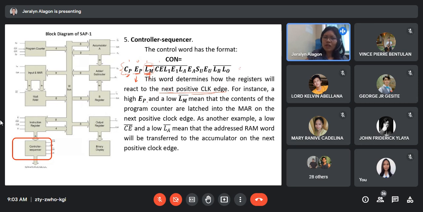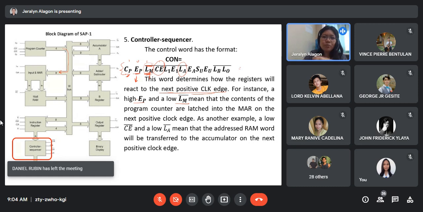Ang address nga gihatag at the next positive clock pulse paingon sa input, MAR latch niya kadto. Okay, another example kung low kuno si CE, okay kani meaning i-activate siya kay naka-low man, unya low pod si LA. Kani means that the addressed RAM word will be transferred to the accumulator on the next positive clock pulse.